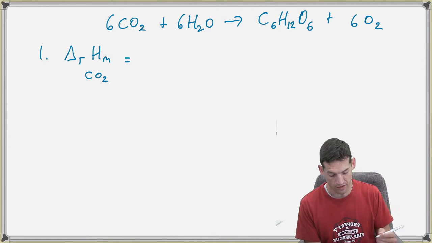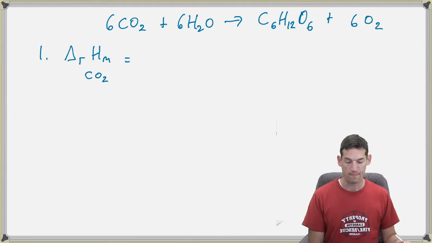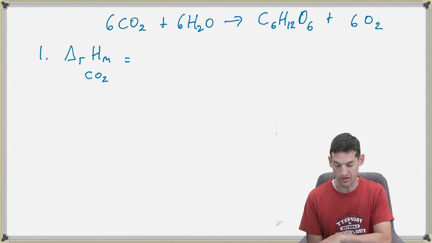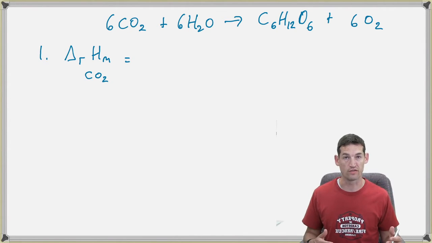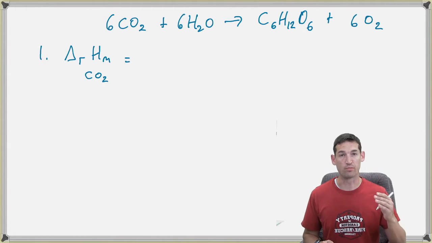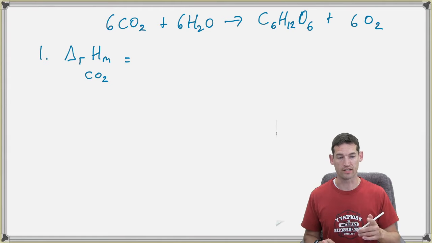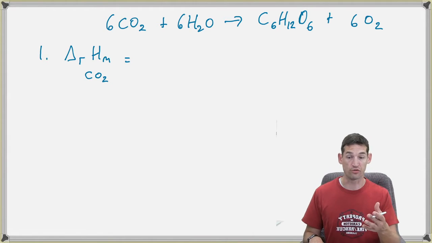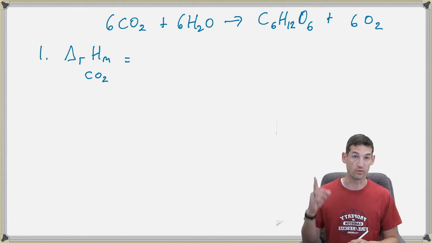So if I look at this equation and I see that it's the 2,802.5 kilojoules of energy for this total equation, how much is it per 1 mole of carbon dioxide? I get the 2,802 for 6 moles of carbon dioxide in that balanced equation.